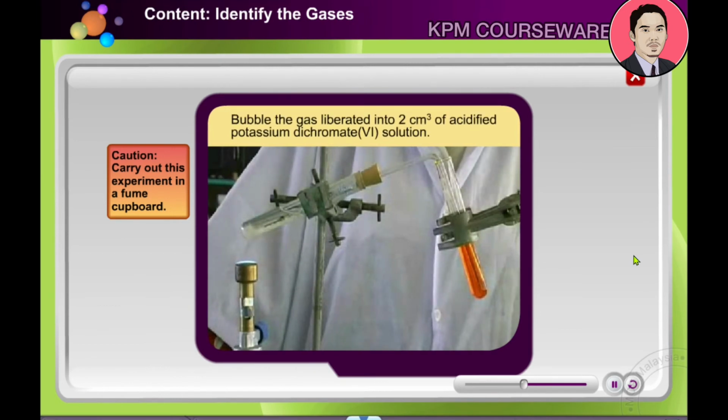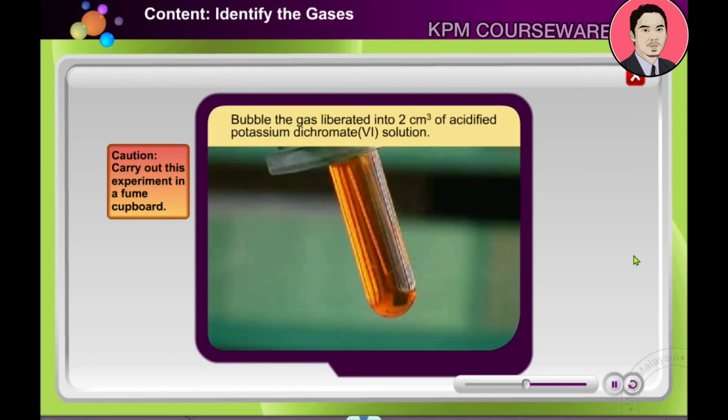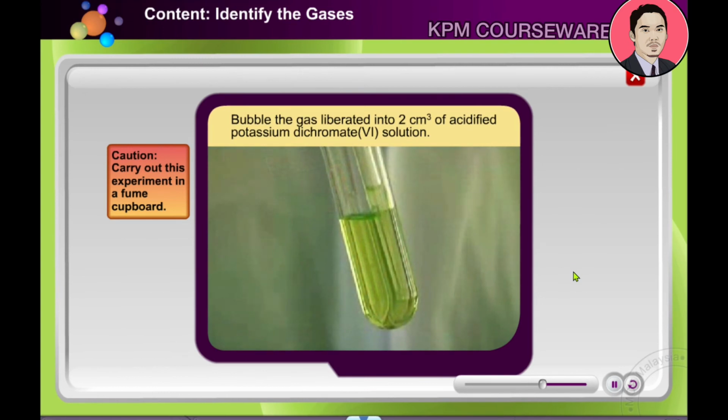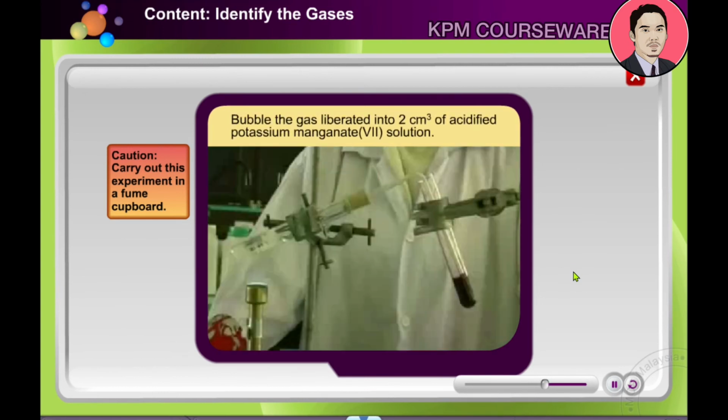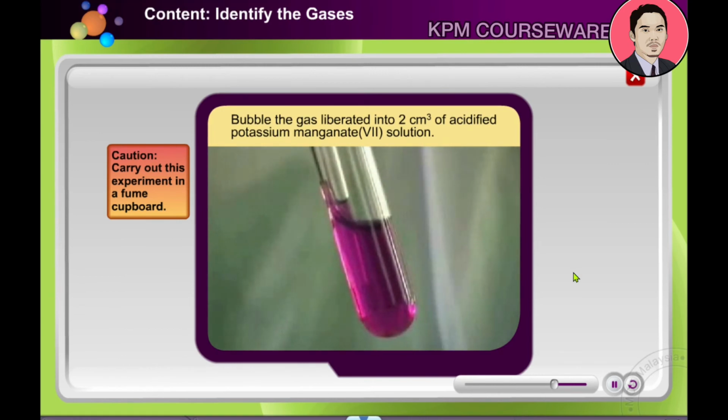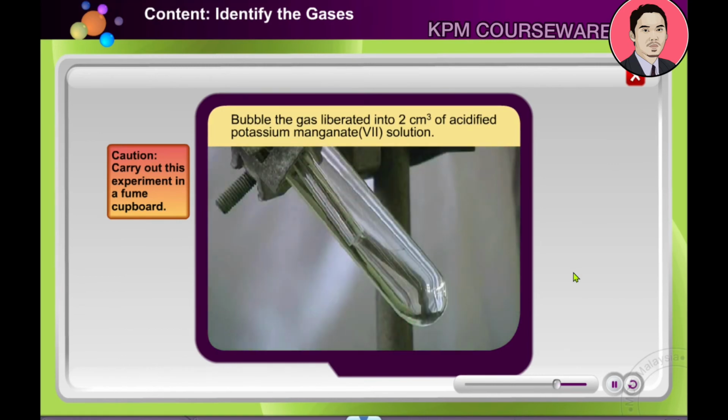Bubble the gas liberated into 2 cubic centimeters of acidified potassium dichromate(VI) solution. Bubble the gas liberated into 2 cubic centimeters of acidified potassium manganate(VII) solution. What do you observe?